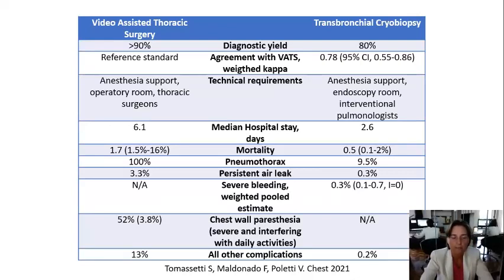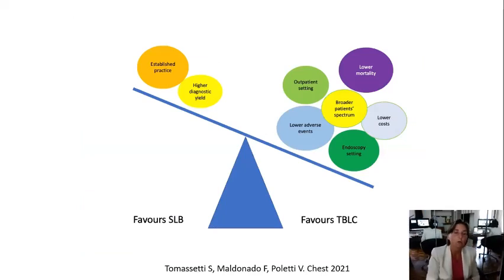Of course, we have complications that again are pneumothorax in 10% of cases, and severe bleeding that is quite rare but can be life-threatening and should always be avoided using bronchial blockers. Currently, we can say that the elements in favor of TBLC, of cryo, are significantly more than those in favor of surgery.